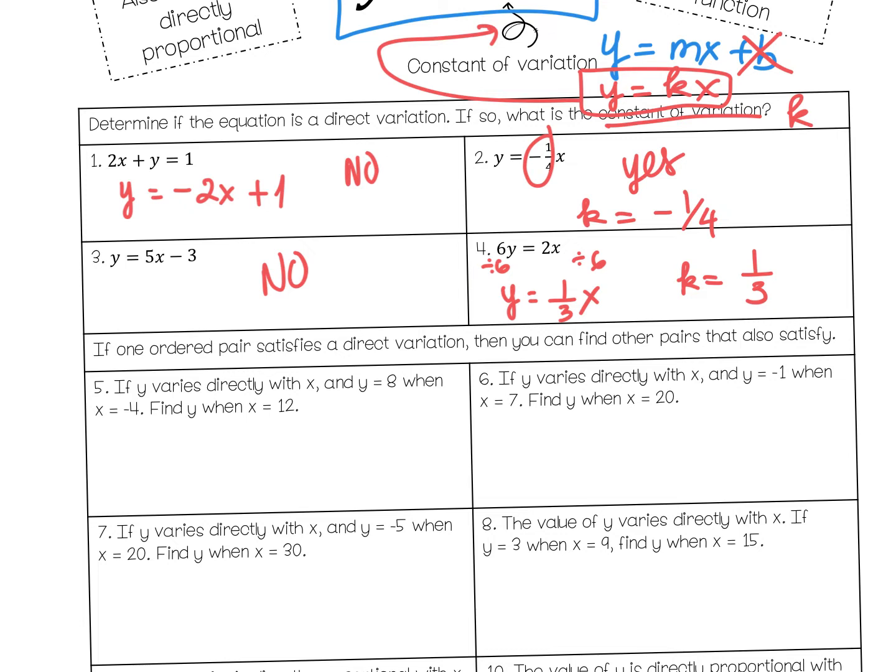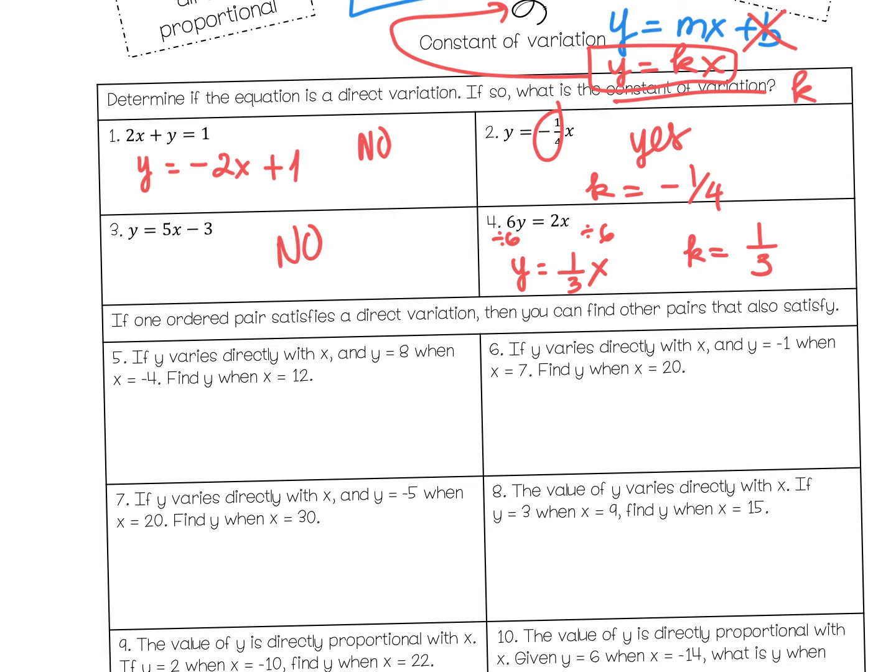Number 5, if y varies directly with x, y equals 8 when x equals negative 4. Find y when x equals 12. Okay, so we know y equal to kx, and at y is 8, x is negative 4. So we're going to find k first.